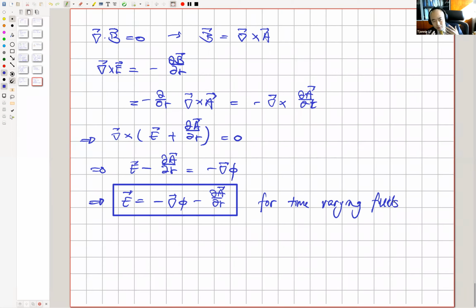What is the equation that governs the vector potential and the scalar potential? Anyone?